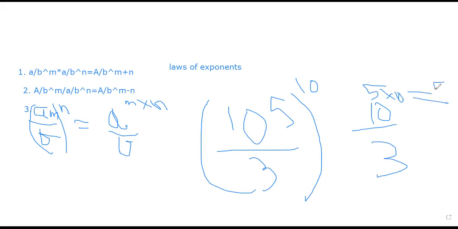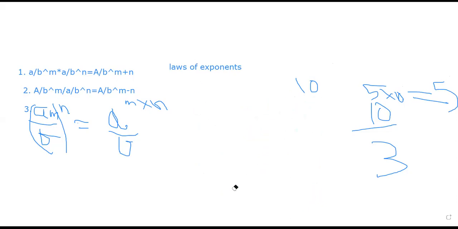So this law says that when a base has two exponent values, one exponent inside the bracket and one exponent outside the bracket, you just need to multiply the inside and outside exponents. So this is about law number 3, which was also a very simple law.